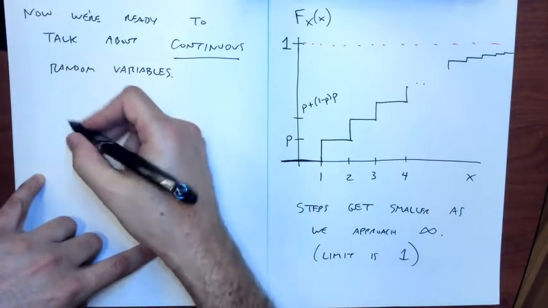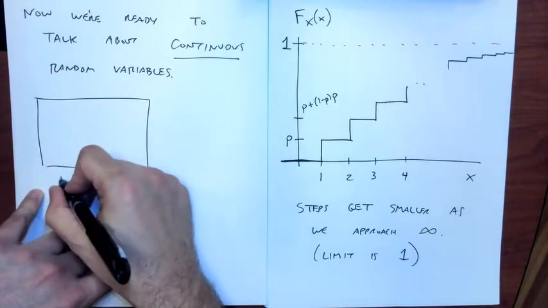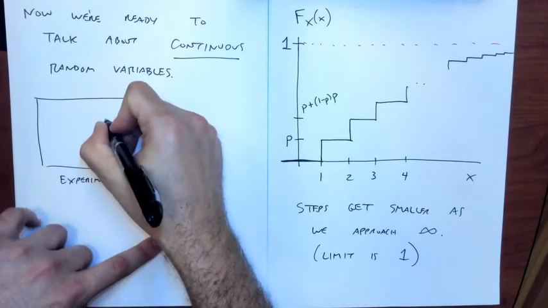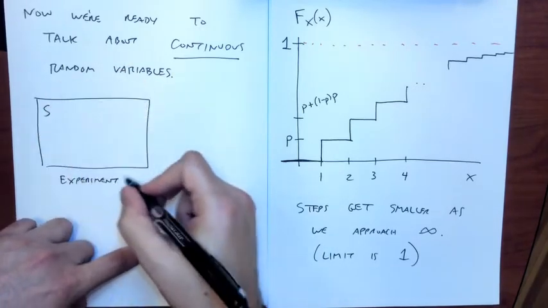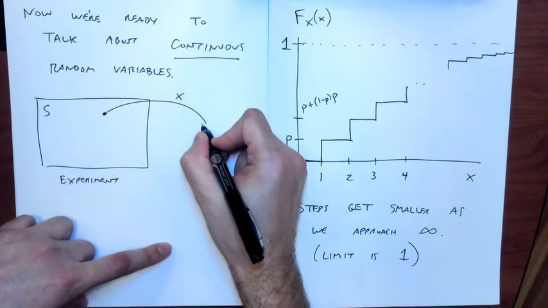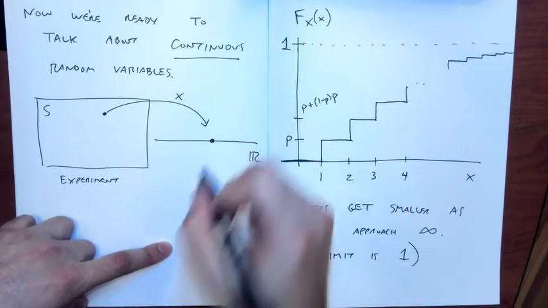So the setup is basically the same kind of idea. We have some sort of an experiment. And this is like the sketch of the sample space of the experiment. I get some outcome. I have a random variable that maps that outcome into just some value, right? Could be anywhere.